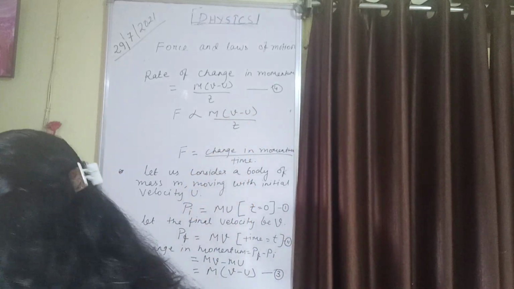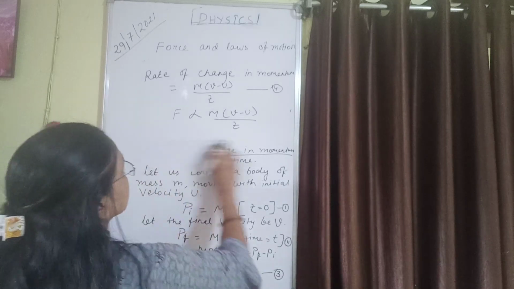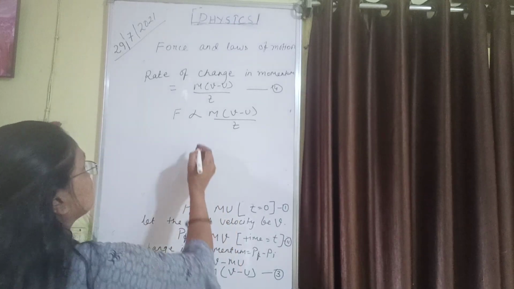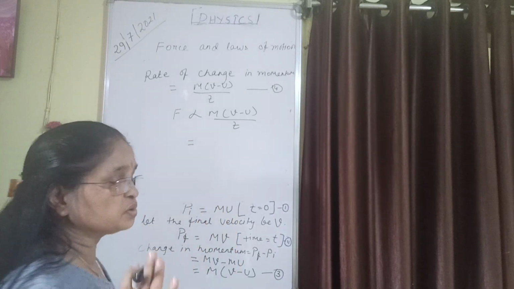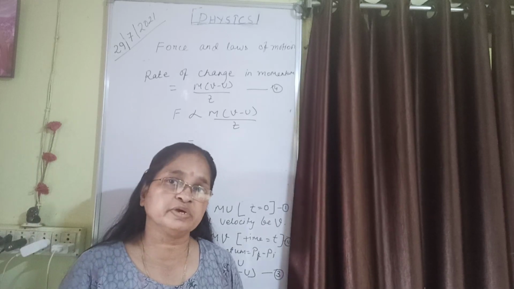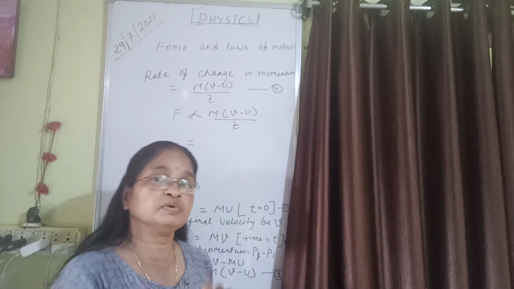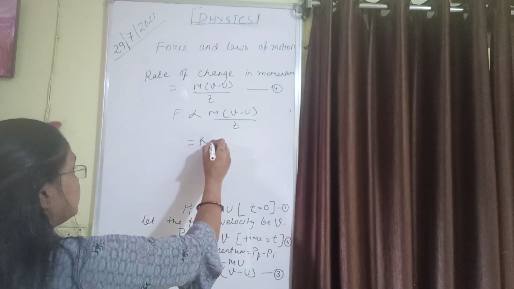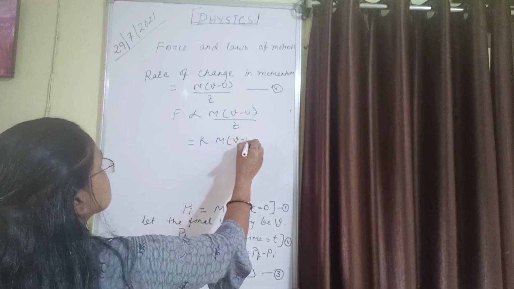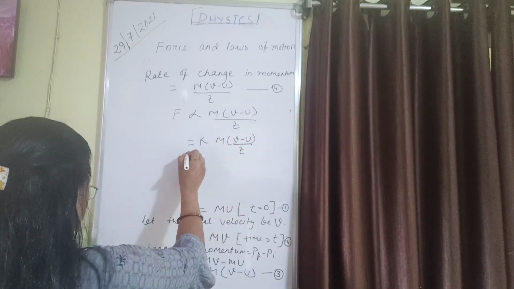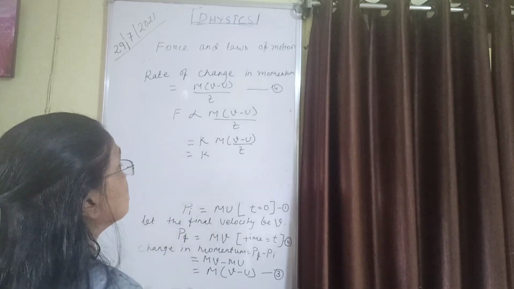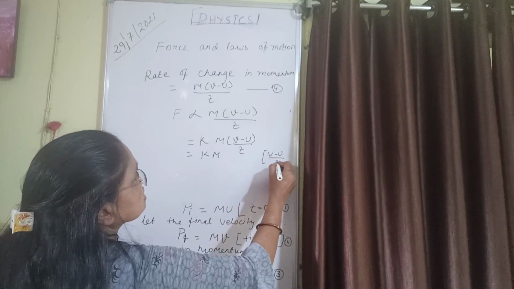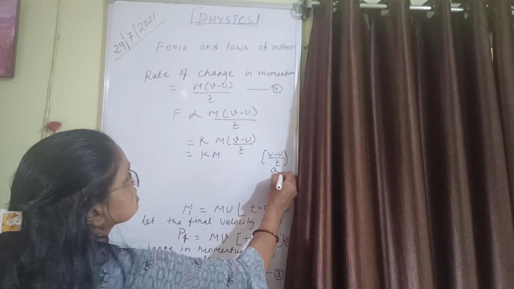Whenever we remove proportionality in physics, we always use a constant, so here we write constant K. So F equals K m(v minus u) by t. Here you see, (v minus u) by t is nothing but, remember, acceleration a.